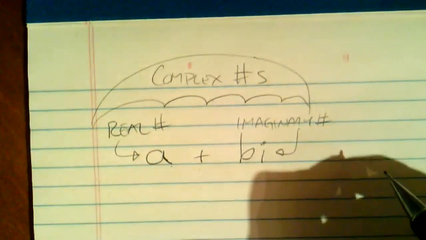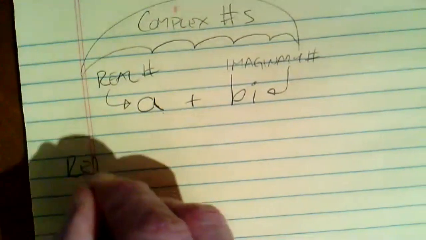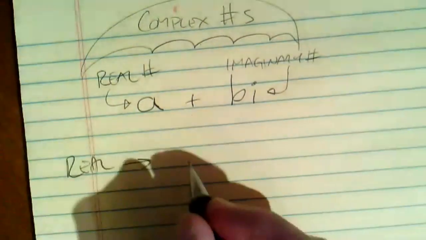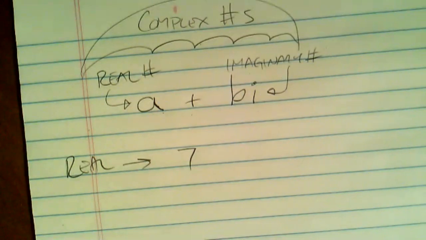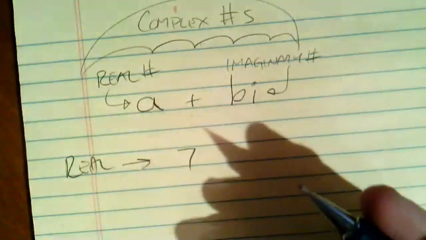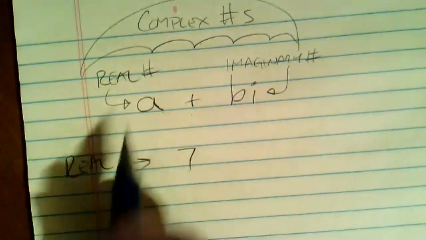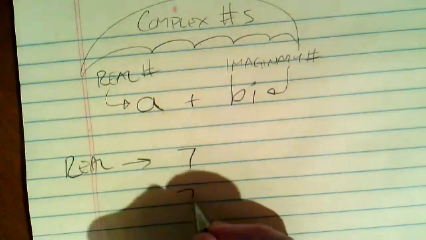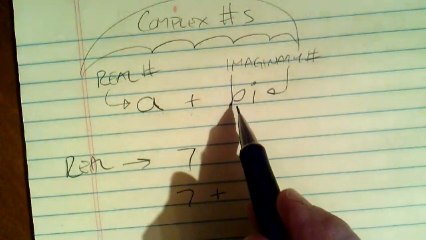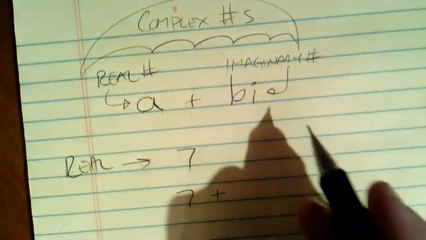Now, to give you an example of something like this, let's just deal with a real number that we absolutely know. We are going to say the number, let's go with 7. Now, if I'm going to write that in a format that's using the complex numbers, 7's pretty easy. Clearly, it's a real number, so that goes with our real part. That is going to be 7 plus. Now, I've got to have the imaginary part for it to be in the complex numbers.